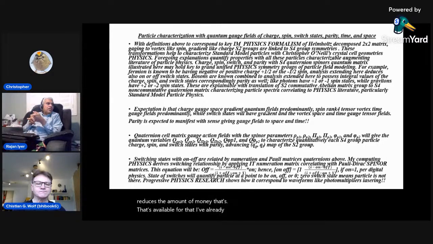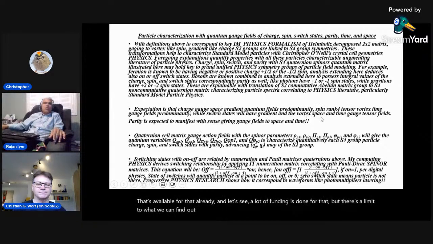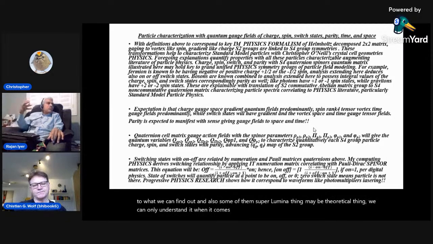Already at the LHC a lot of funding is spent, but there is a limit to what we can find out. Some things, like the superluminous, may be theoretical; we can only understand it when it comes out of the superluminous phase into the luminous phase, and also the subluminous phase.